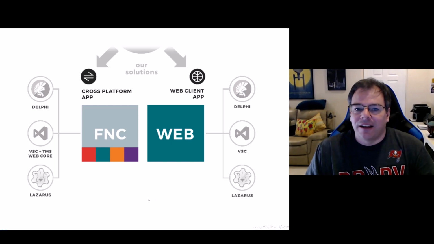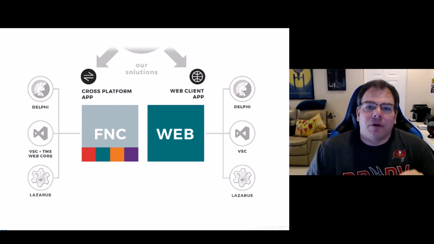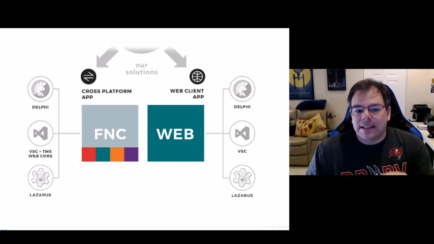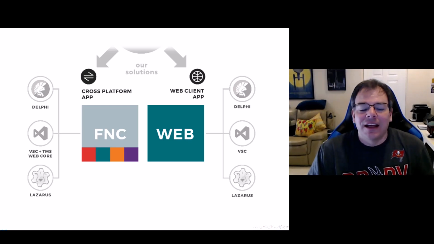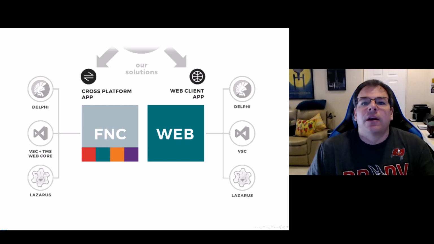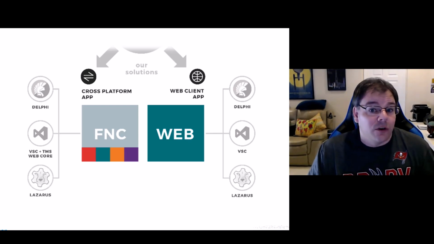And finally, the biggest one of the bunch, TMS offers you a cross-platform framework, which they named FNC. FNC is the acronym for Framework Neutral Components or Controls, but I think components is the correct term they used.